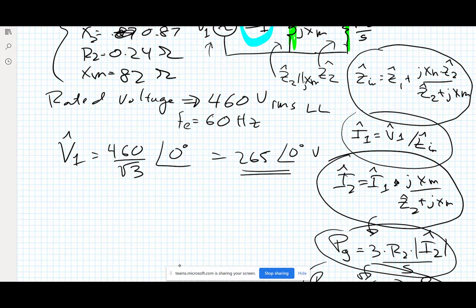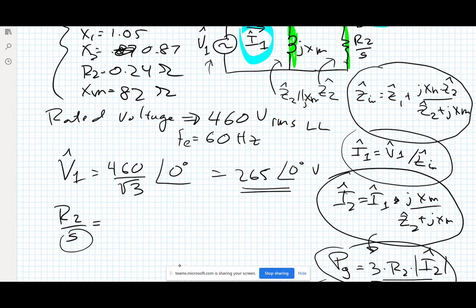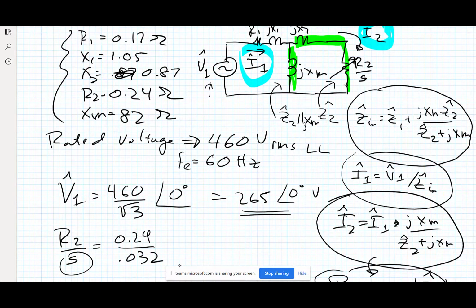The first thing you do is you need to find R2 over S. This is the biggest mistake that's made in exams. They forget this. So I know S is 0.032 and I know R2. So it's 0.24 divided by 0.032, because this is going to change with load.